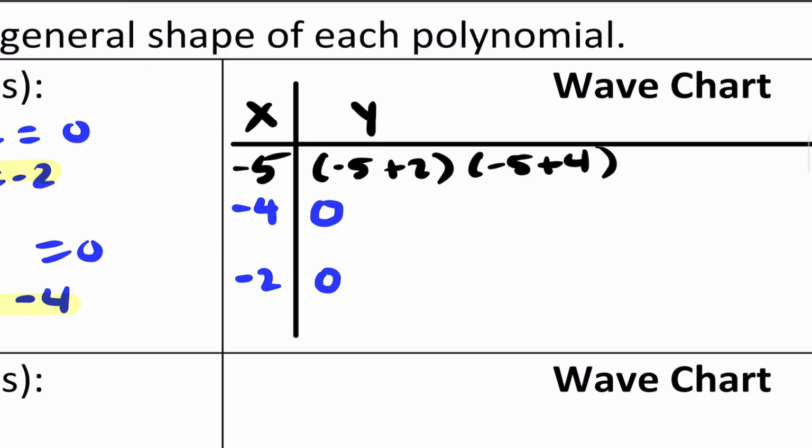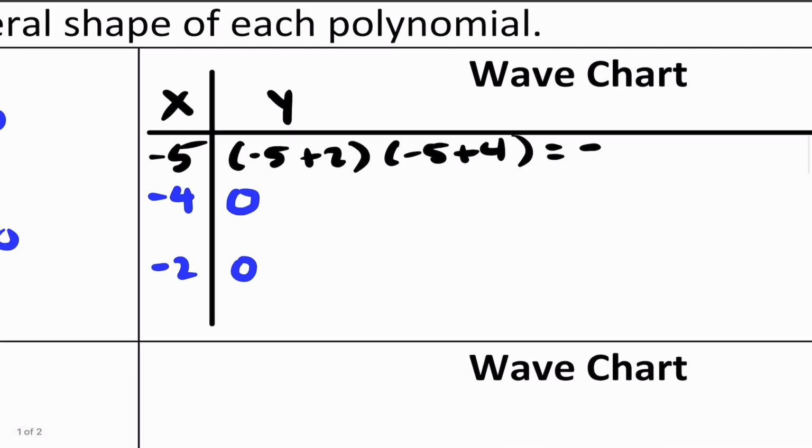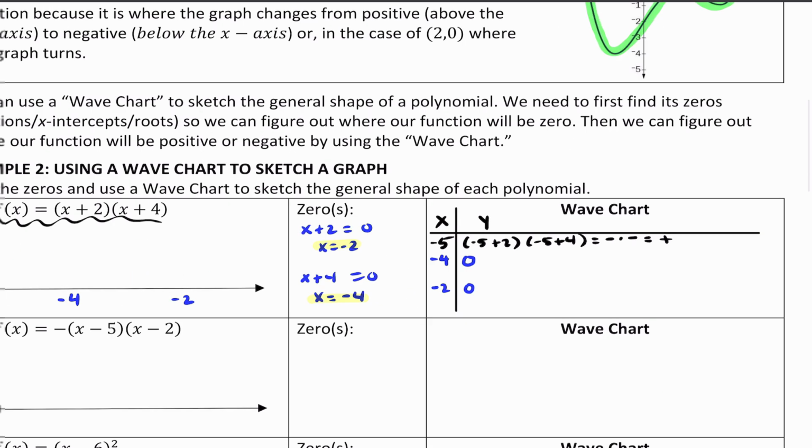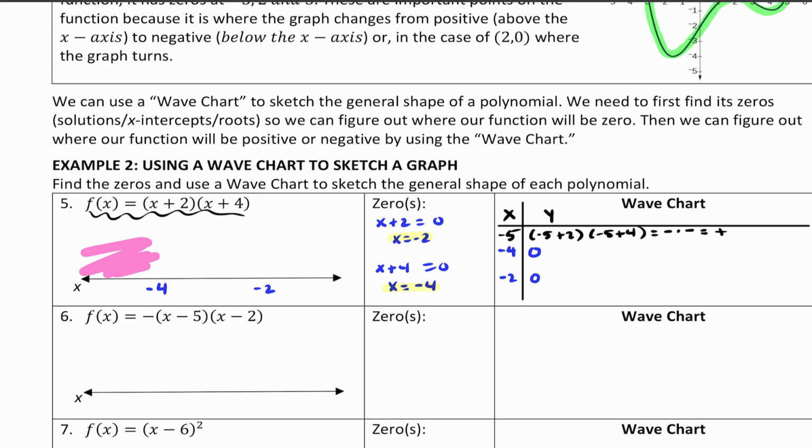All right, so -5 plus 2 is -3. So I'm not going to write -3. I'm just going to write a negative sign. Because again, I'm only concerned about whether this line in this area is positive or negative, right? So -5 plus 2 is a negative. And then we have -5 plus 4, that's also a negative. So I have a negative times a negative, which means we have a positive. So over here, this is where the line is going to be positive.